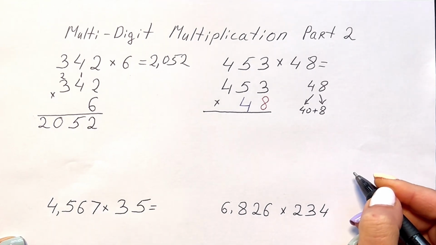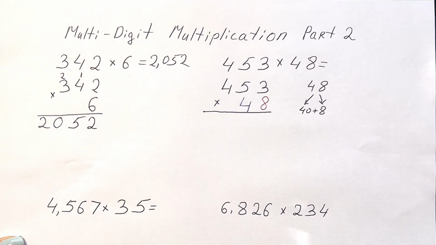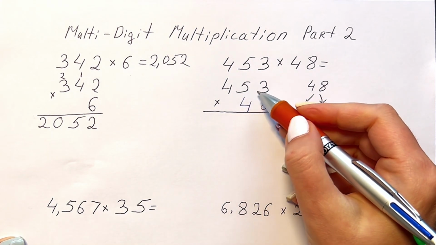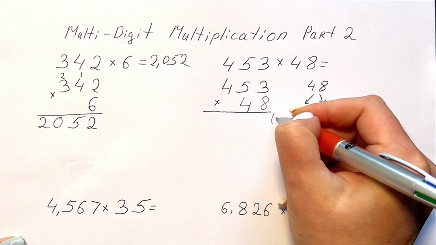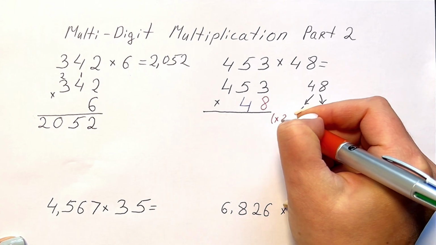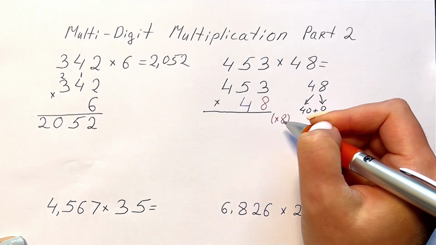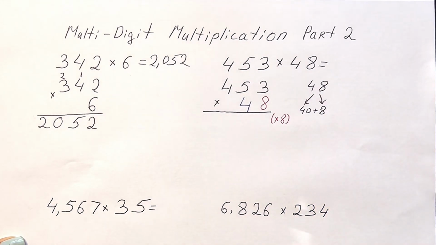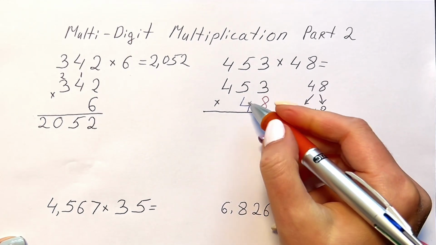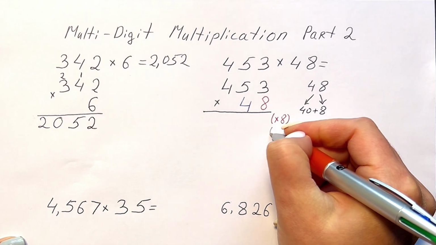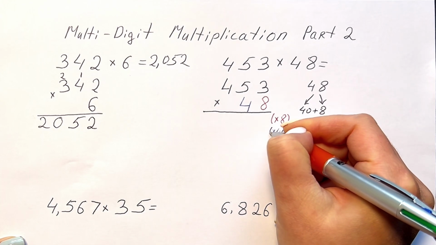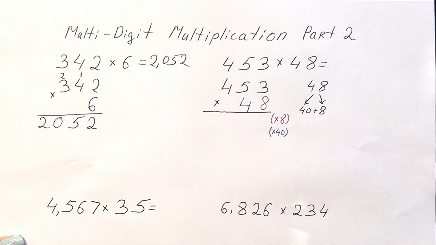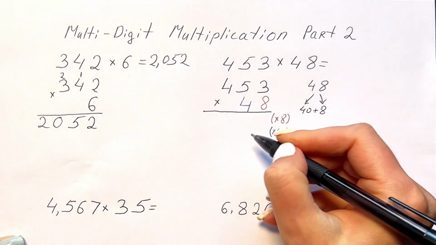The first step, we will multiply 453 by 8 and put the answer in the first line. In a second step, we will multiply 453 by 40.